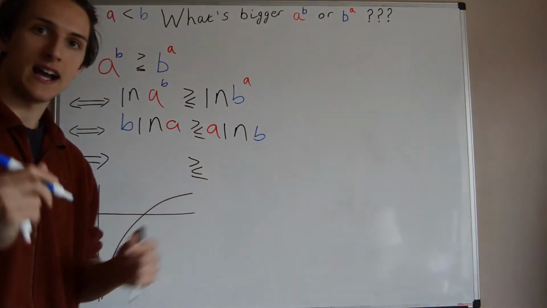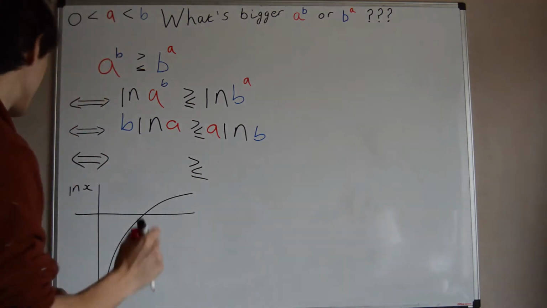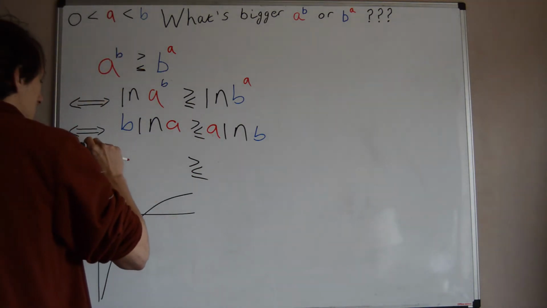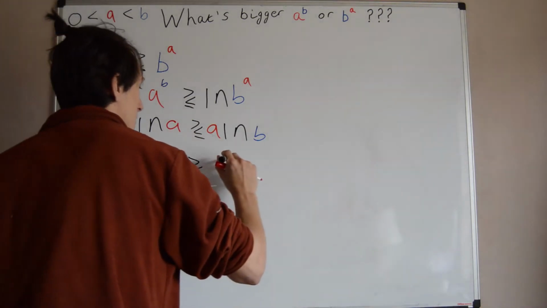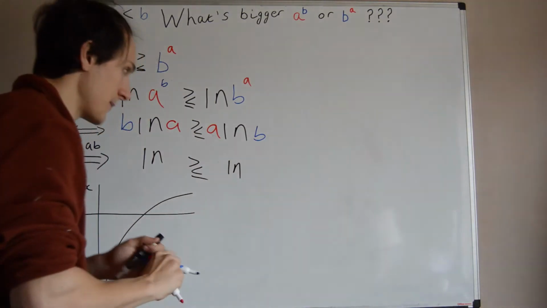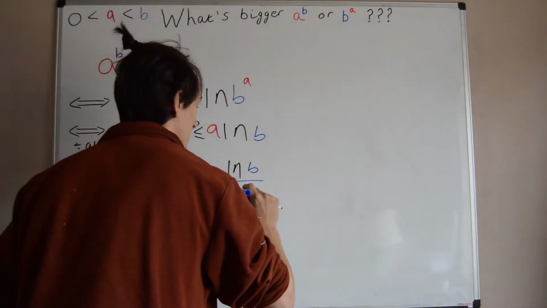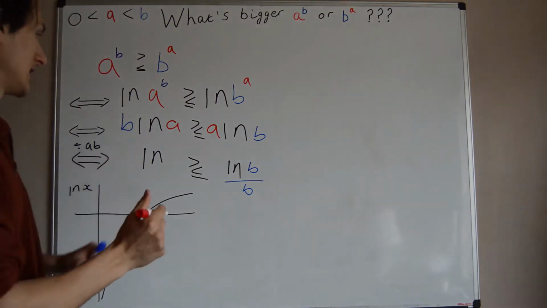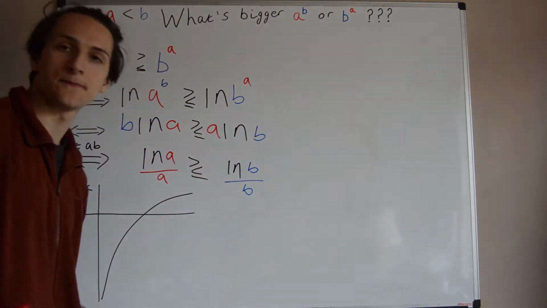Now let's isolate a and isolate b. So divide both sides by ab, and I still have the natural logarithm, but on the right hand side I've divided by a and by b, and on the left hand side I've divided by a and by b.